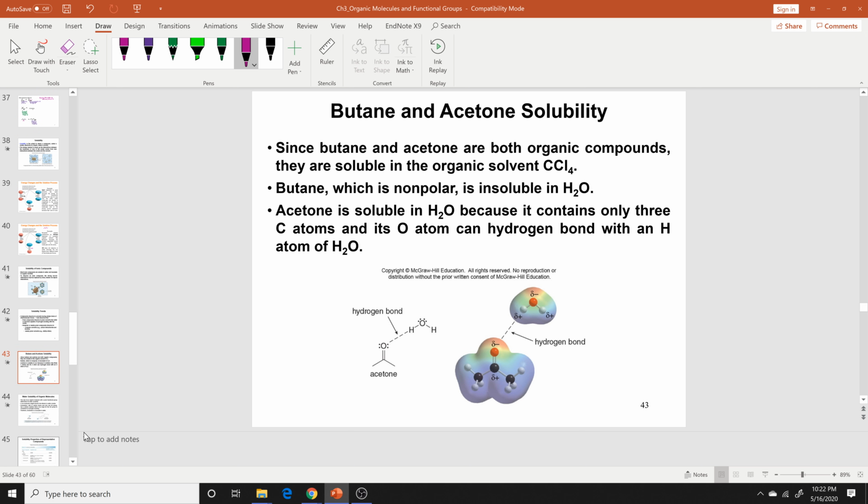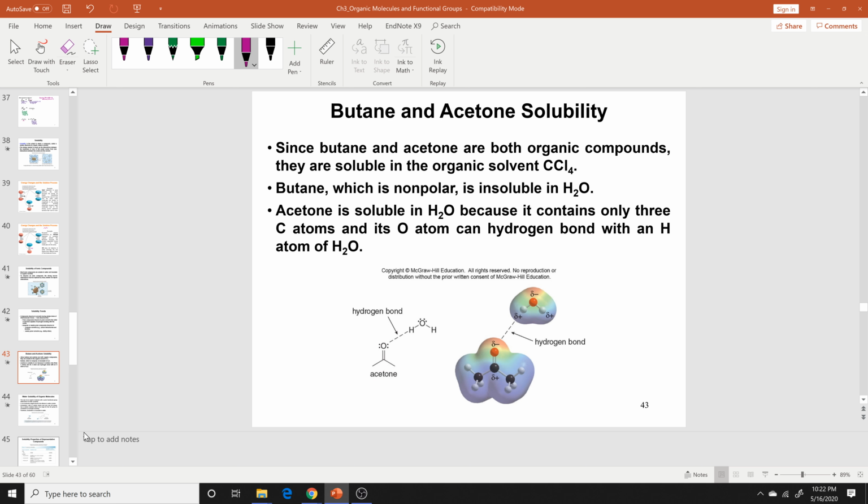So let's see over here, since butane and acetone are both organic, normally in the lab we use acetone a lot, and we use it as a washing solvent for all organic compounds because acetone can dissolve organic compounds and it can dissolve also polar compounds.